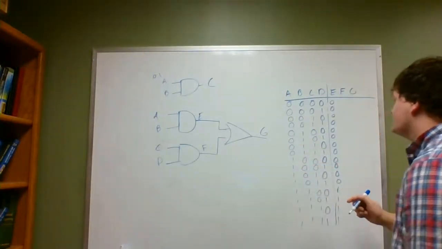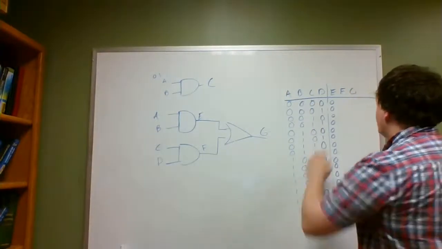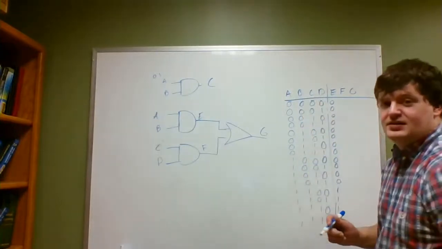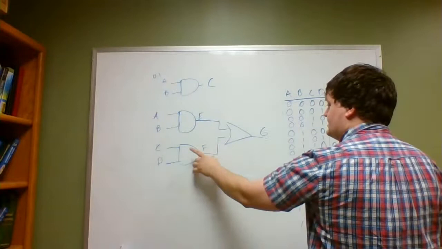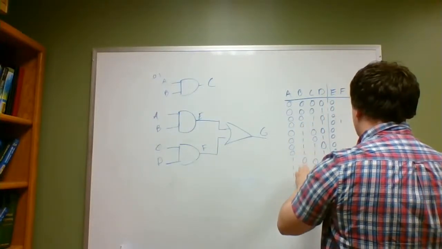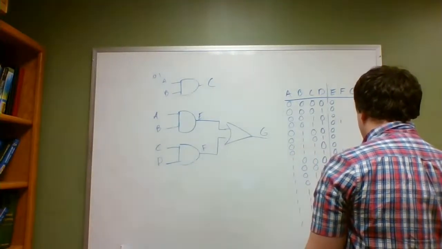There's no other case. So once again, it does not depend on A and B. The output F only depends on C and D. That's it. So C and D, F, we got 2 1s here, 2 1s here, 2 1s here, and 2 1s here. And we got zeros in between.